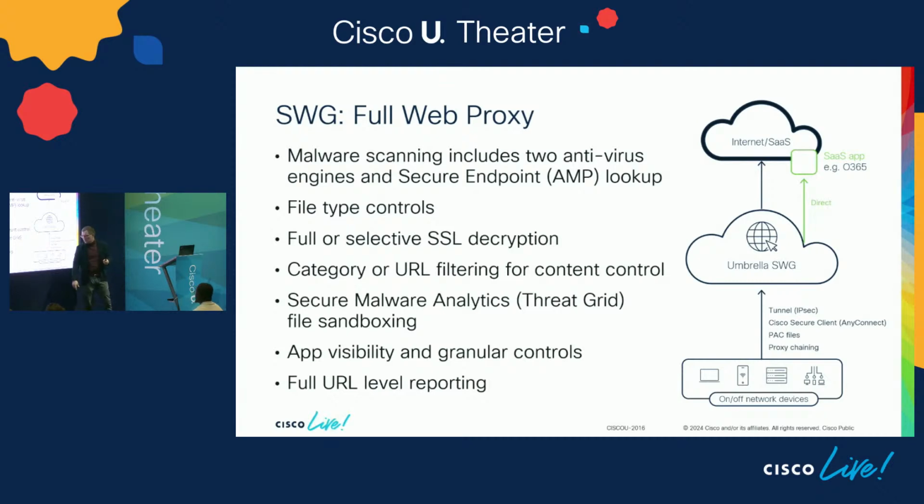We have granular control over different SaaS applications. Let's say I can block post shares to social media applications. I can block attachments in webmail applications, let's say. And in Umbrella reports, I'm gonna also see full URLs. So I'll get this information as this is full web proxy.